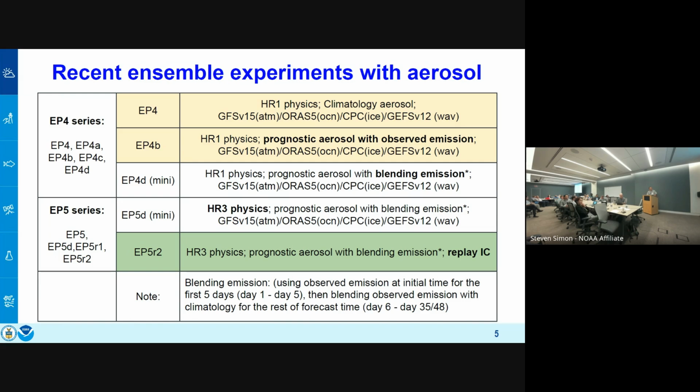EP5D is based on HR3 physics. It is also a mini set. And EP5R2 is a full-set prototype. We have a 3-year run plus the dynamo here. I will introduce some details of EP5R2 later, using replay initial conditions. So basically we have several experiments for this EP4 and EP5 series.